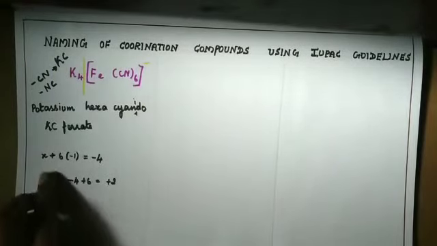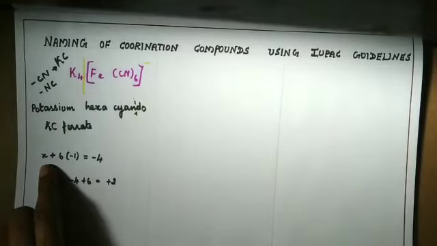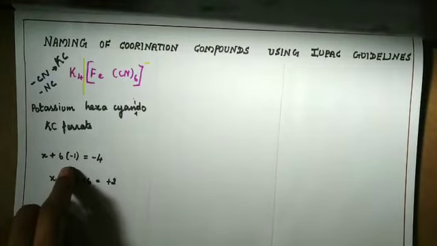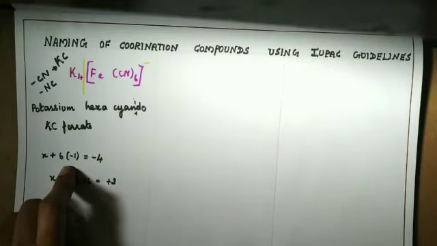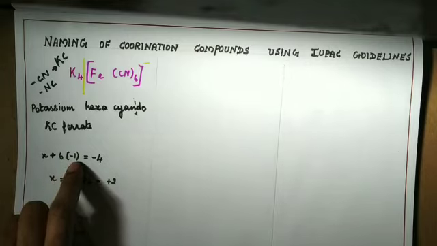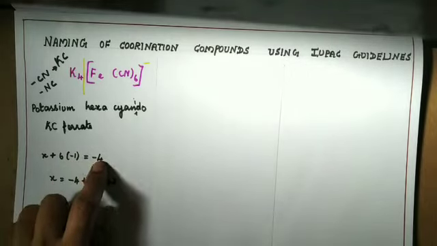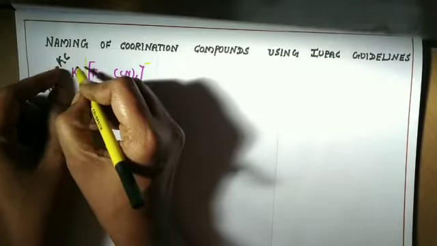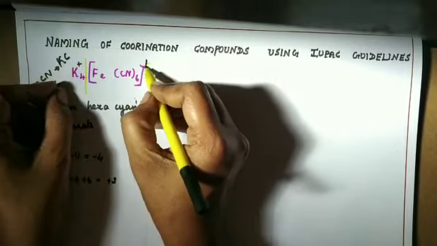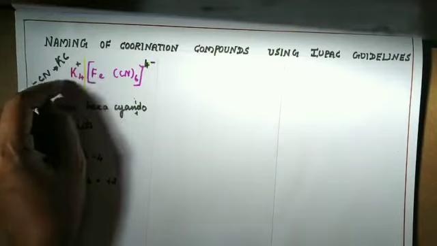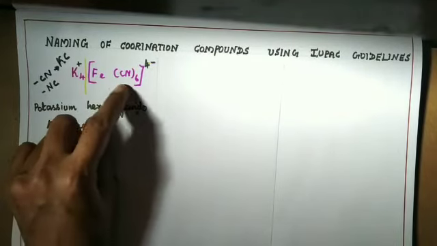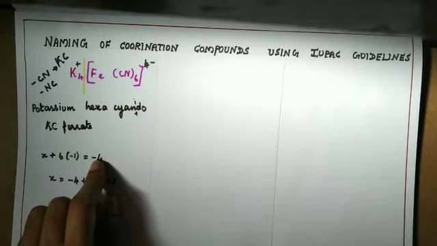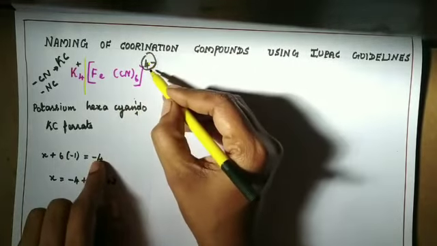Here Fe oxidation state is unknown, so we write x. CN is a negative ligand and the number of CN is 6, so 6 into -1, equal to the charge on the complex ion. The complex is 4 K+ and [Fe(CN)6] 4-, so the charge on the complex ion is -4.